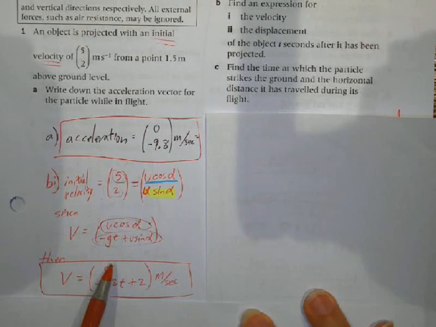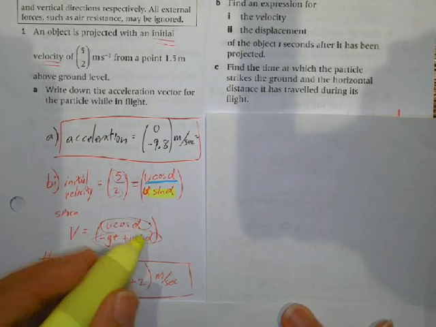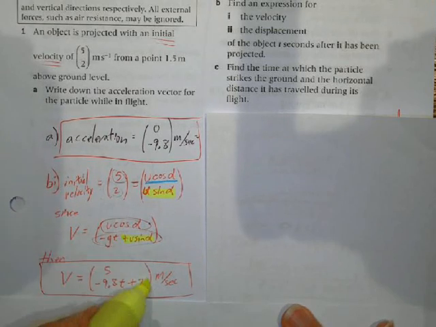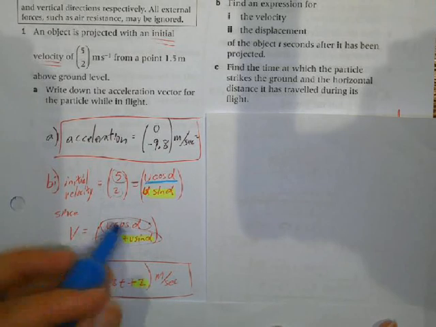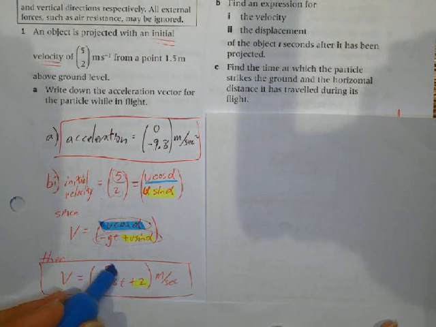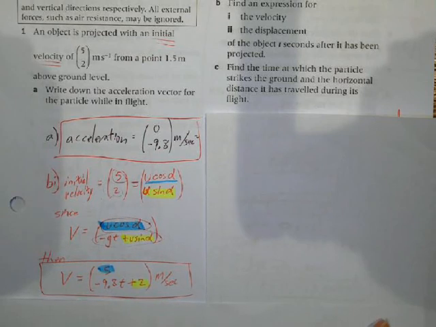So I'm going to replace u sine alpha with 2, and I'm going to replace u cosine alpha with 5.